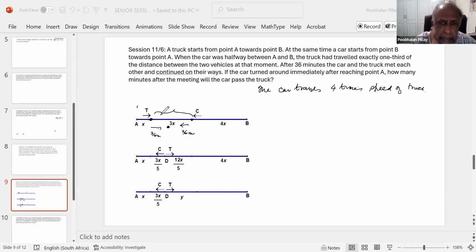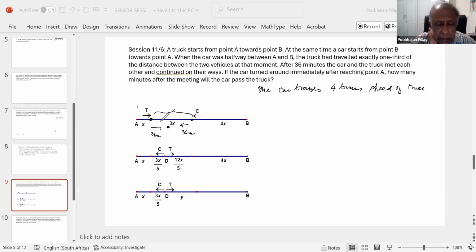But what's interesting is that this distance here, which is 3x, is now divided in the ratio 4:1. Because this fellow has traveled 1 unit and this guy has traveled 4 units. So altogether you've got 5 units. So you have to see where they meet.